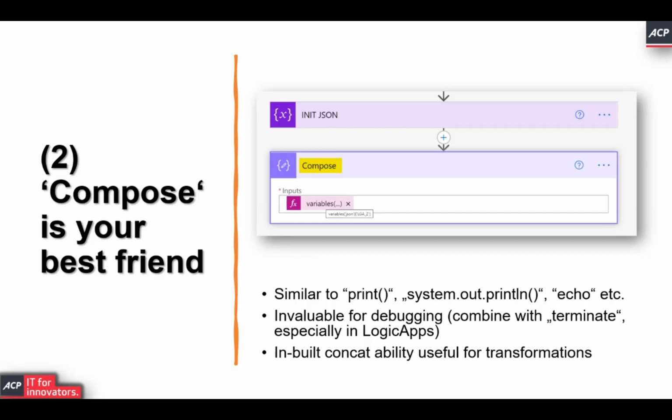So for instance, if you're fiddling with different file formats, or if you're building together a JSON or an HTML, then Compose can be used to put it all together and make it one valid file. And nicely enough, you can also put it in loops and make sure that you add things incrementally. So really make sure that you make Compose a vital tool for you in the development process.